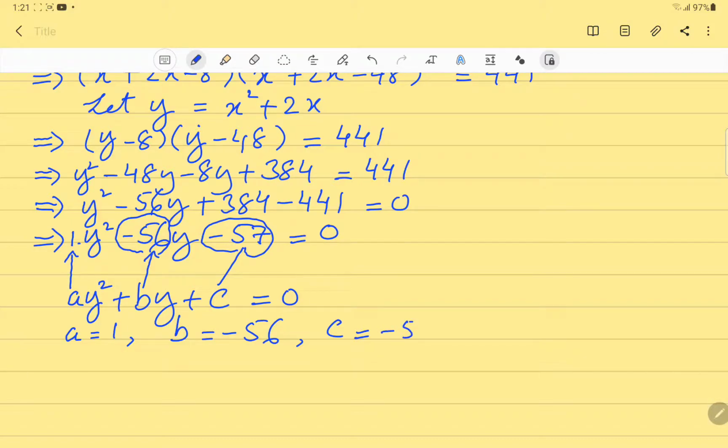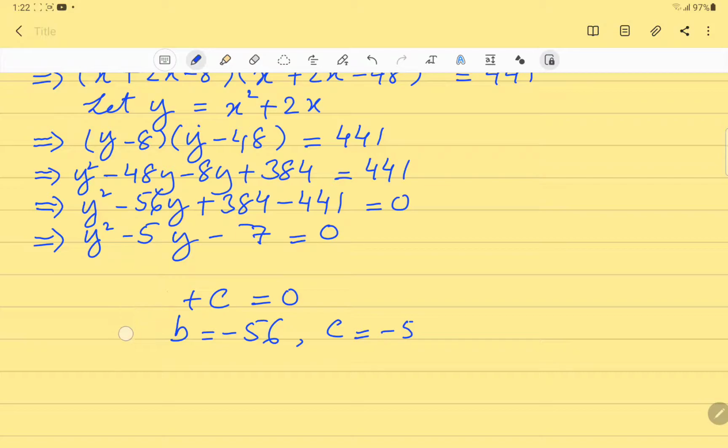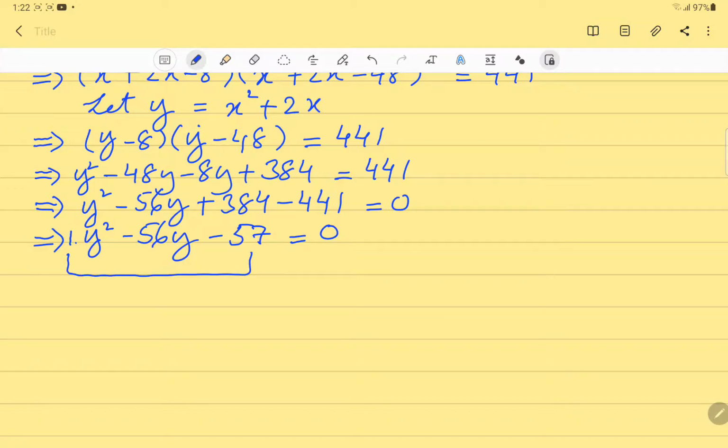Let's go back and do it with factorization, because this will be a lengthier procedure in this case. So it is y squared minus 56y minus 57. Since the y squared coefficient is 1, we will multiply these two.